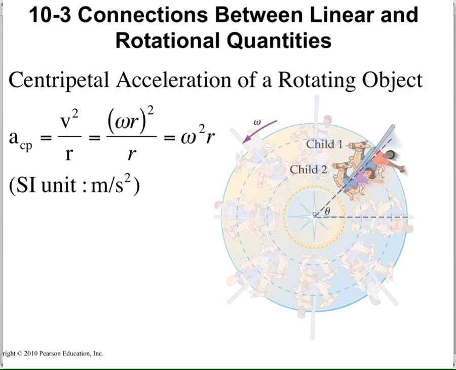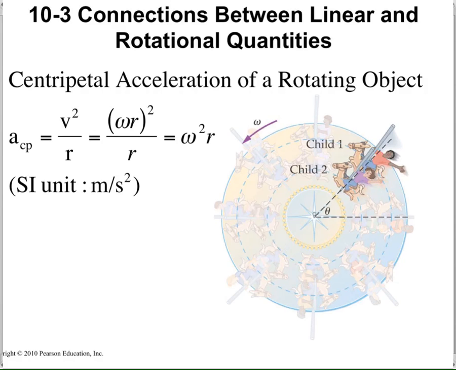It does not change the speed, but it is changing the direction of the velocity, right? In that case, even if there is no change in speed, since the direction of the velocity is changing, there must be an acceleration, and this acceleration is centripetal acceleration. If something is rotating with a constant speed, this motion has the centripetal acceleration, which is given by the speed squared divided by r.